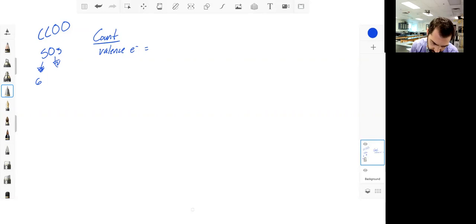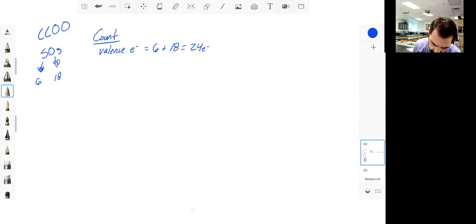So 6 times the 3, we get 18. Ultimately, for the valence electrons, 6 plus 18, I'm going to deal with 24 electrons. Now, different from the table, we're not going to try to figure out how many bonds to use yet. They'll be paired up, so I don't have an odd number, and so that is good. It doesn't seem like I made any mistakes there.